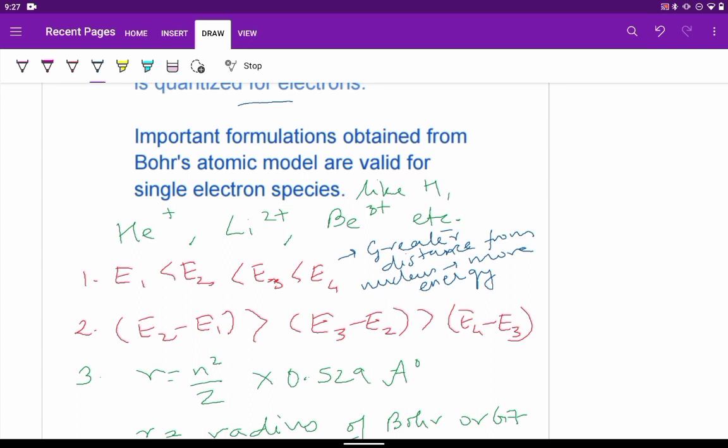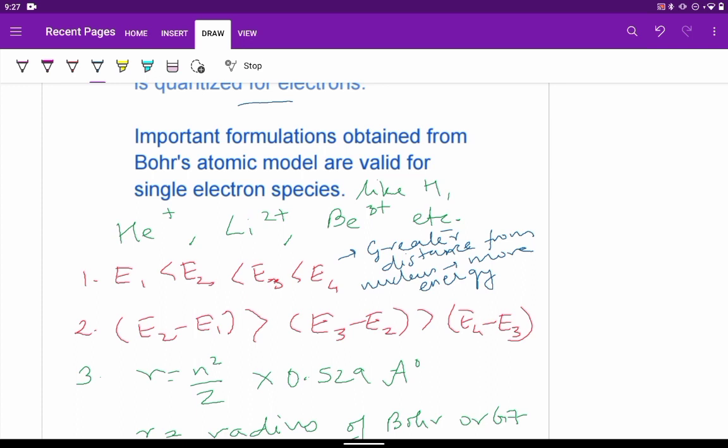We find that the greater the distance from the nucleus, the more is the energy. So E1 is less than E2, less than E3, less than E4.